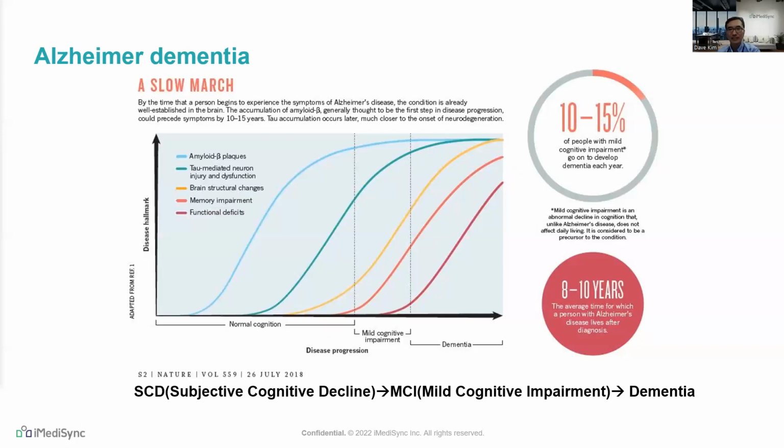each year. Prior to the stage of dementia, two stages of impaired cognition are frequently defined: subjective cognitive decline and mild cognitive impairment. Subjective cognitive decline is a stage of subjectively experienced impaired cognition, which is not supported by any neuropsychological testing.